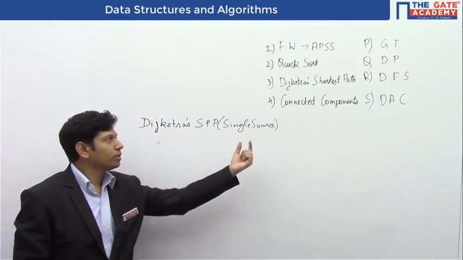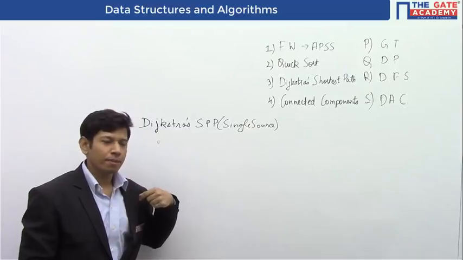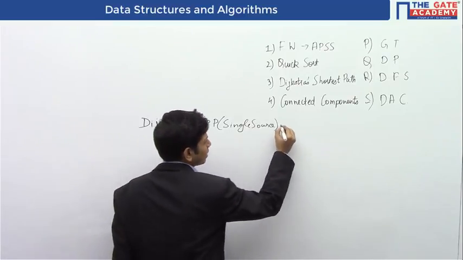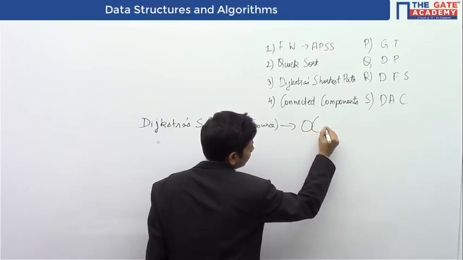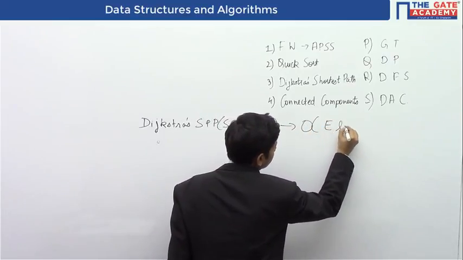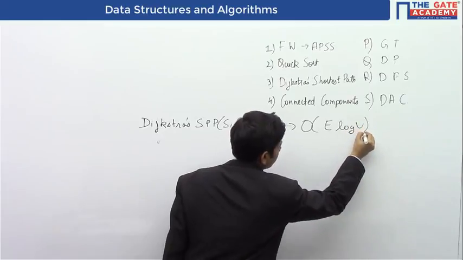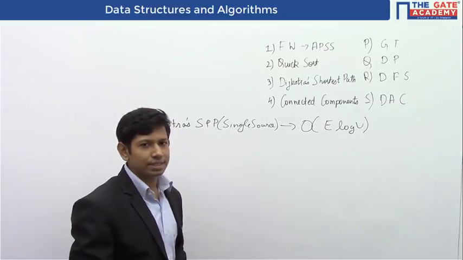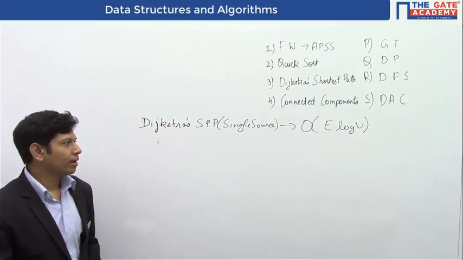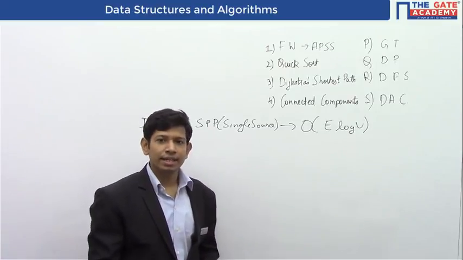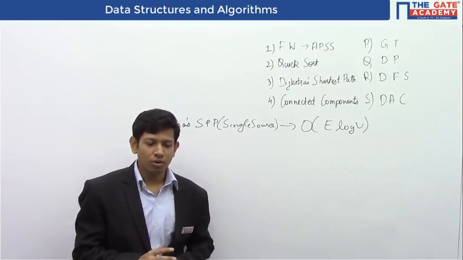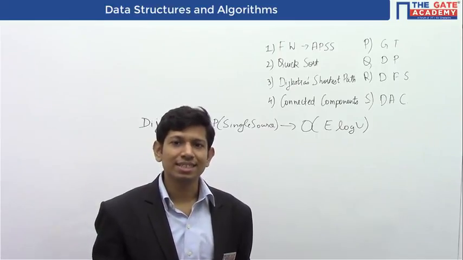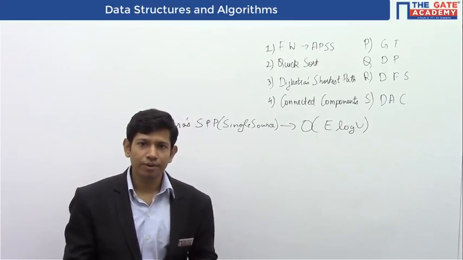So we know that Dijkstra's shortest path algorithm is used for single source. Now when we are using it for single source, the time complexity that we get is order of E log V. Now if it is a sparse graph, then the number of edges is very less as compared to the number of vertices.